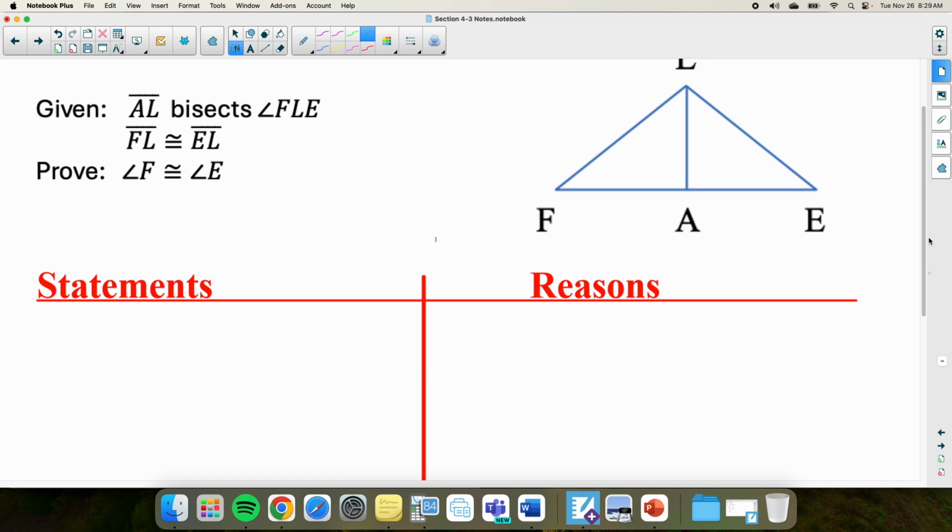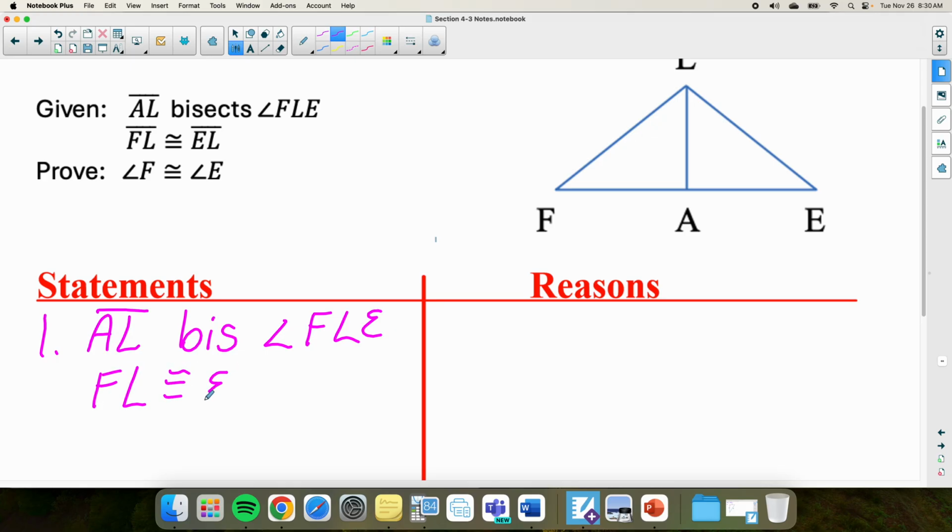So here we're gonna write down our given. It says AL bisects angle FLE, and FL is congruent to EL. Okay, and that is given.